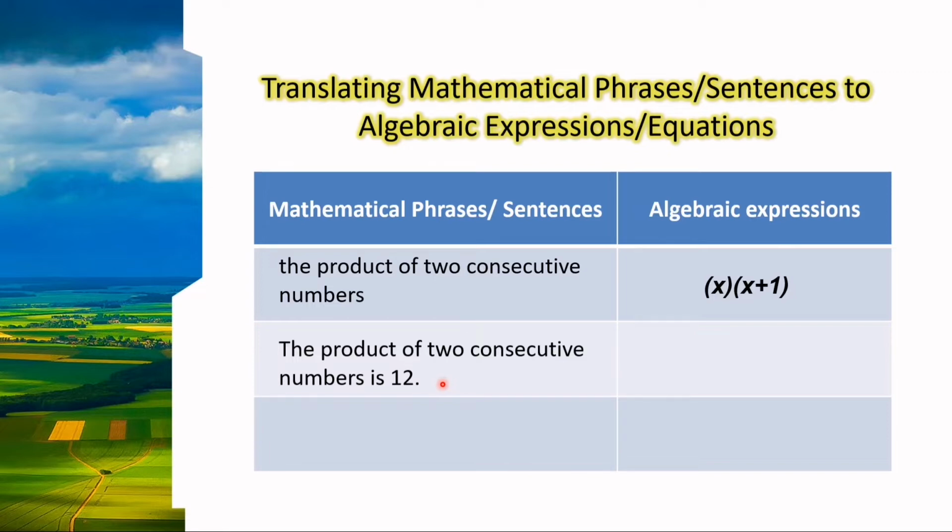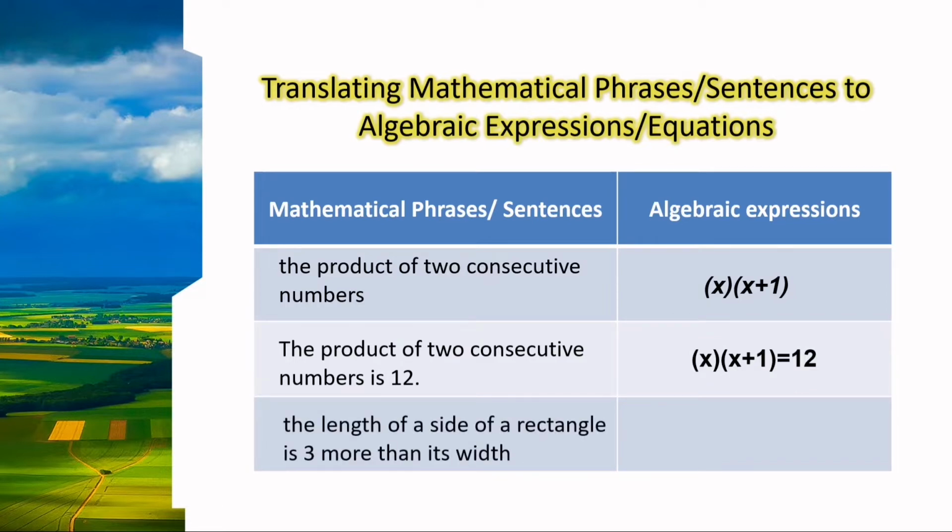So how are you going to translate this one into an algebraic expression? Wow, I am amazed. So the answer is x times the quantity x plus 1 is equal to 12. If you compare this one to the first example, you only have to equate it with 12.